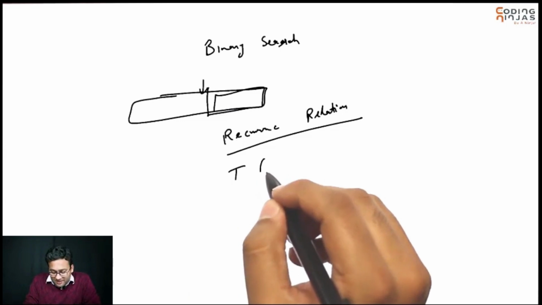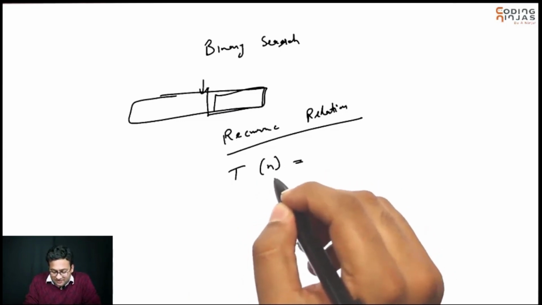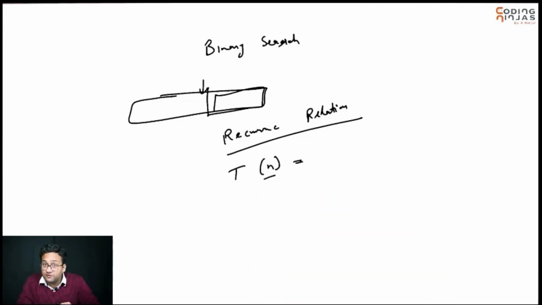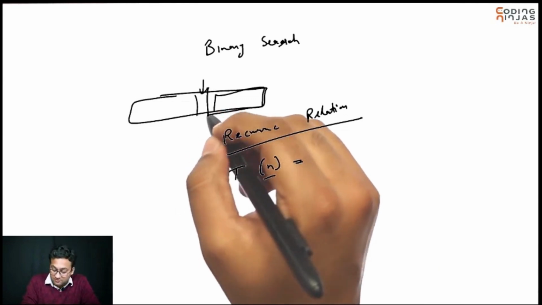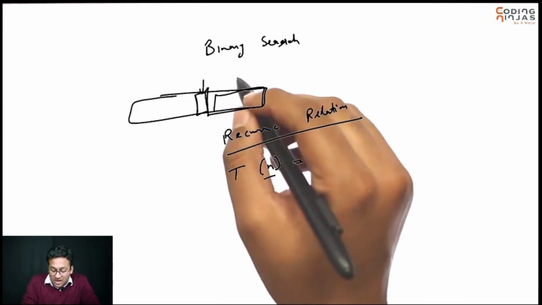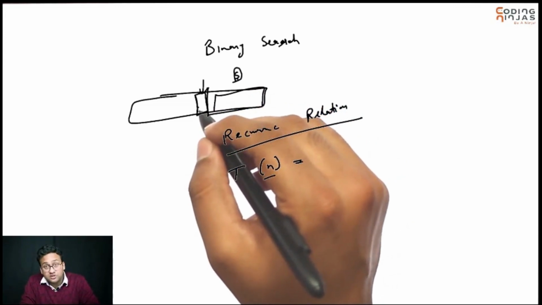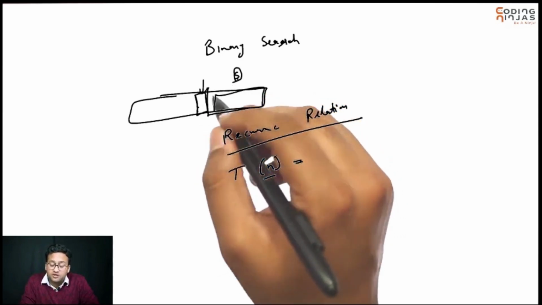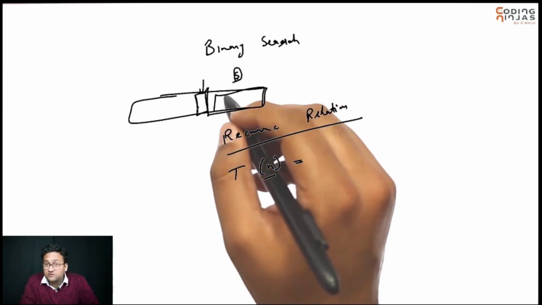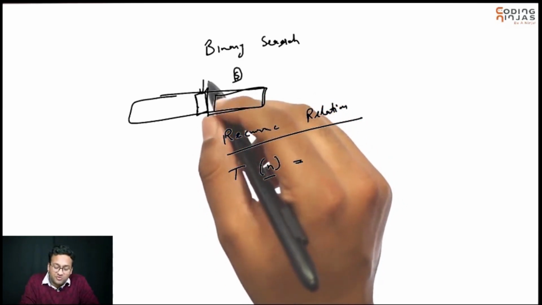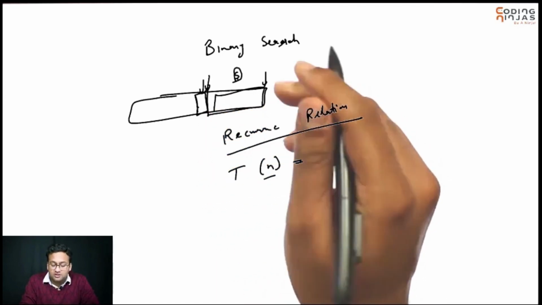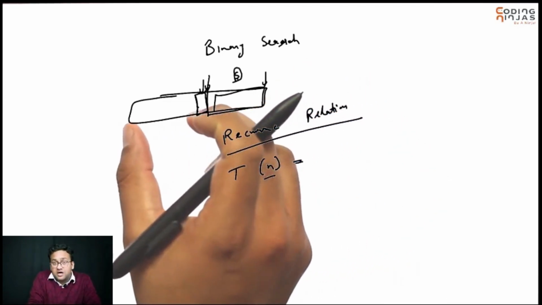To find an element in an array of size n, first of all, I need to calculate the middle, some constant work. I need to compare this search element with middle, some more constant work. And then, depending upon the result of comparison, I will have to update my boundaries to be either this part or this part.